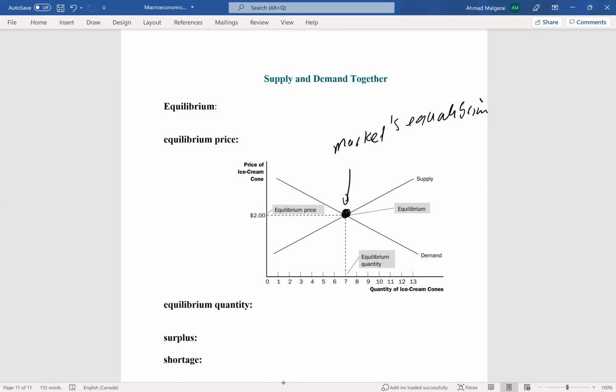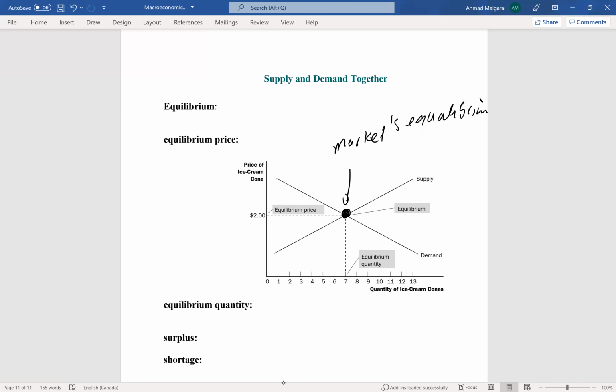And this brings us to the issue of equilibrium price, the price that balances quantity supplied and quantity demanded. The equilibrium price is often called the market clearing price because both buyers and sellers are satisfied at this price.